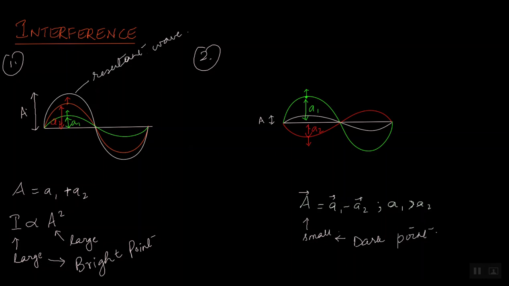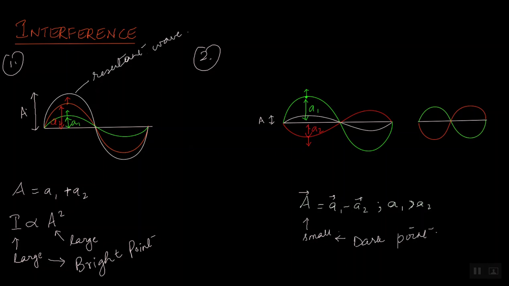But suppose A1 and A2 are equal, this is a very special case. So you have a green wave like this and a red wave also like this. You can see that their amplitudes are equal. Okay, so what will be the resultant wave?